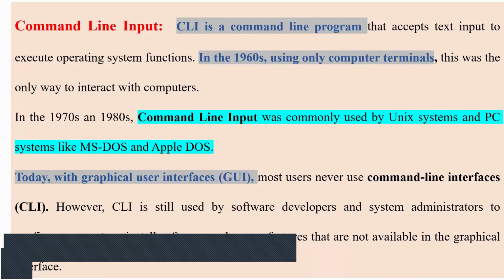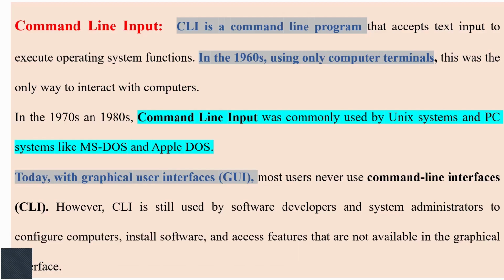Back in the 1960s, computers did not have graphical screens like we see today. Users interacted with the machines through basic computer terminals, and the command line was the only way to communicate with the system. This made the CLI an essential part of early computing.